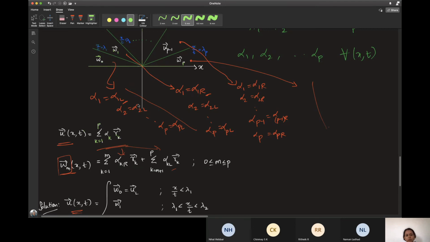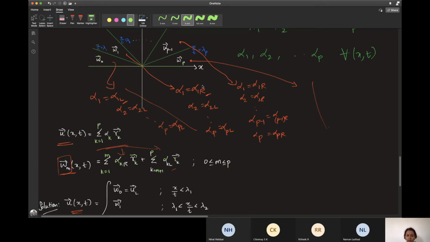In this region, everything is L, right? So that this expression works fine. Your m is 0, so this doesn't have any role, and this will run from k equals 1 to P. So only this summation will have a role. That works fine. All of these are L only. Alpha kL are k vectors.